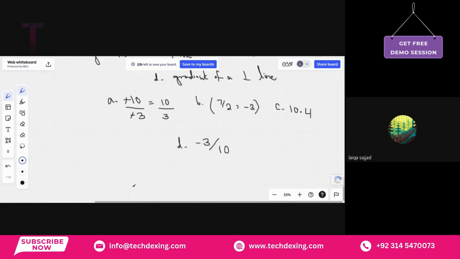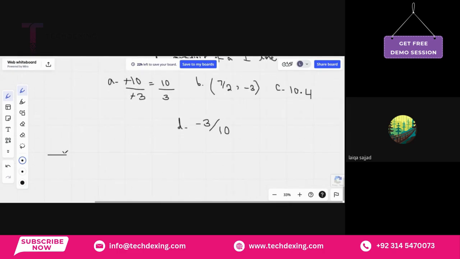Okay. Now if we move to the next question, it says that we are given the line joining the points. You are given 2 points. Point P has the coordinates 3 and minus 4, and Q has the coordinates q and 0. It has a gradient of 2. You have to find the value of q.